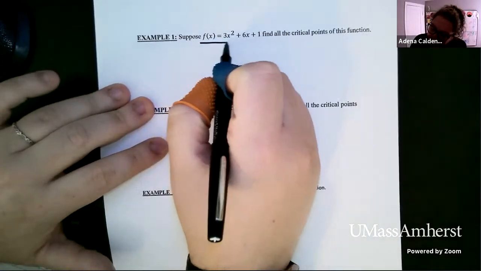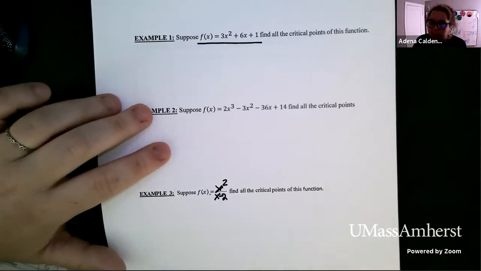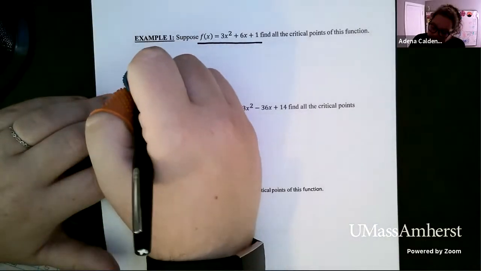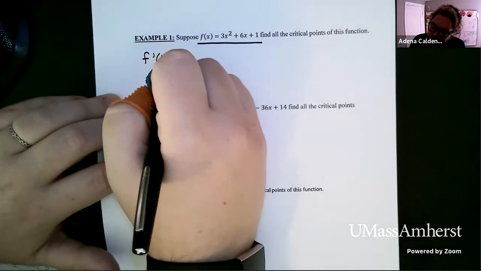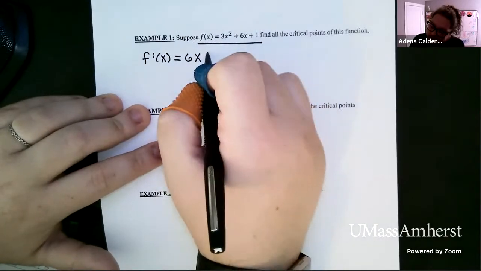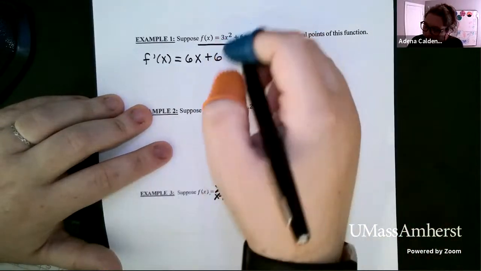Here we have the function 3x squared plus 6x plus 1, and we want to find the critical points. We know that critical points happen when the first derivative equals 0 or when it's undefined. So we find the first derivative: we get 6x plus 6, and then plus 0 because that will go away.